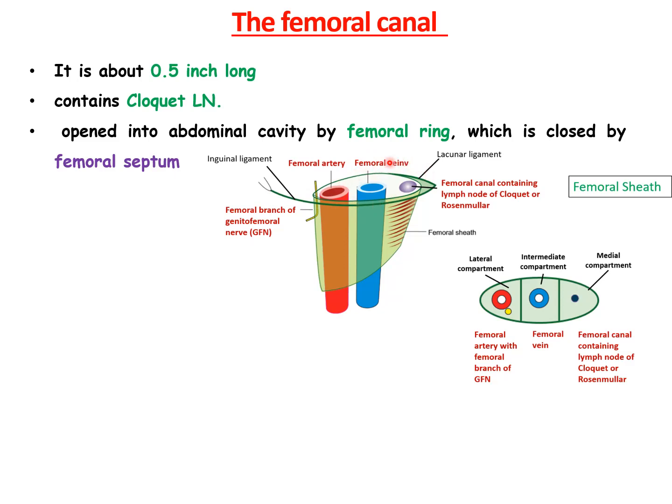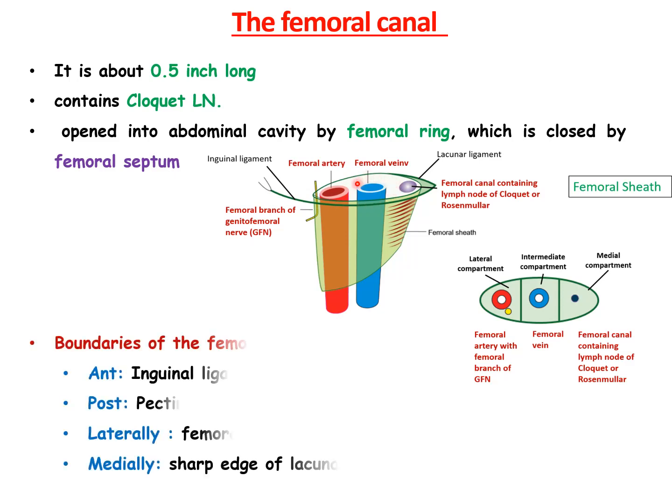The femoral canal contains a lymph node called Cloquet's lymph node. The femoral canal opens into the abdomen, and its opening is called the femoral ring, which is closed by a septum called the femoral septum.